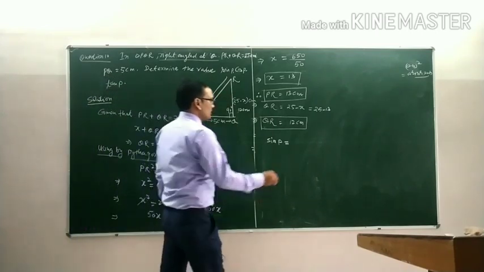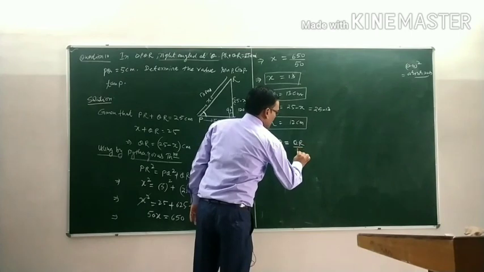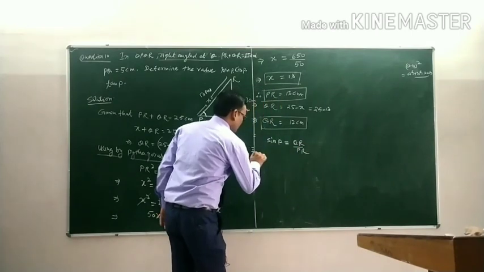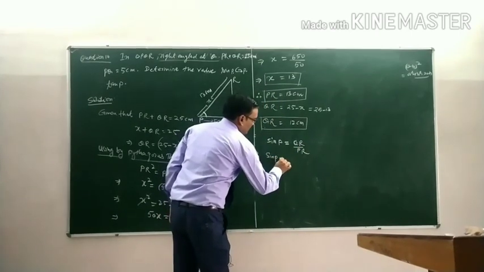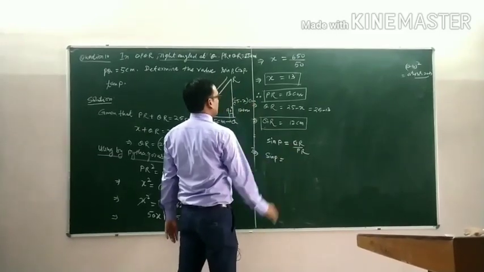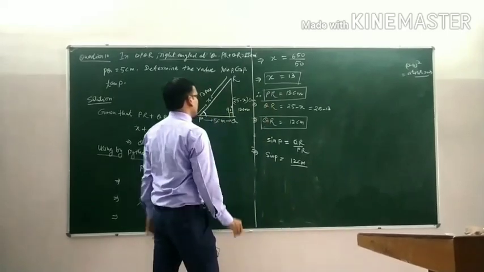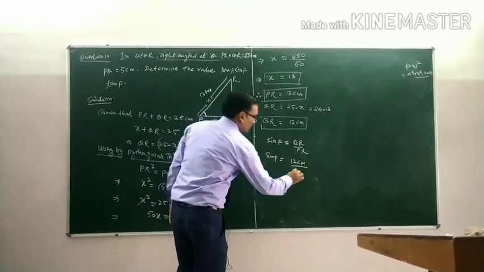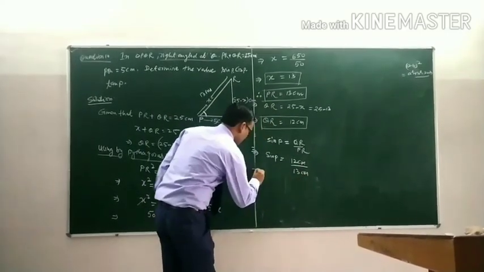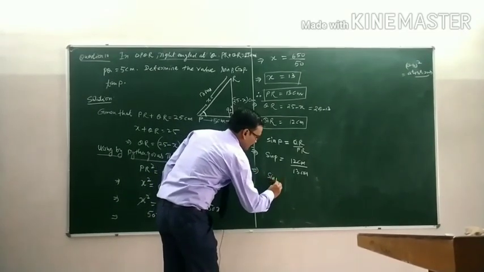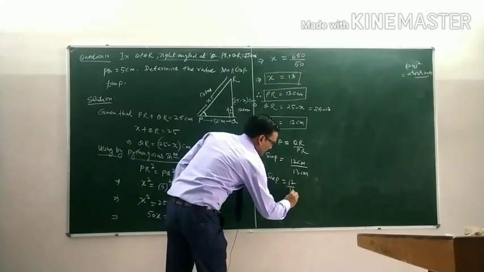That means QR upon PR. This implies that sin P equal to, what is the value of QR? QR is 12 centimeter upon the value of PR equal to 13 centimeter. This implies that sin P is equal to 12 by 13.